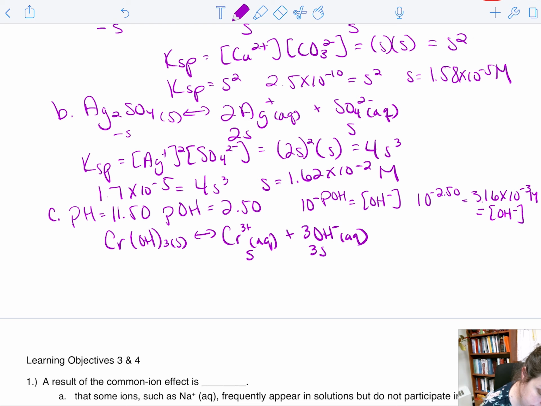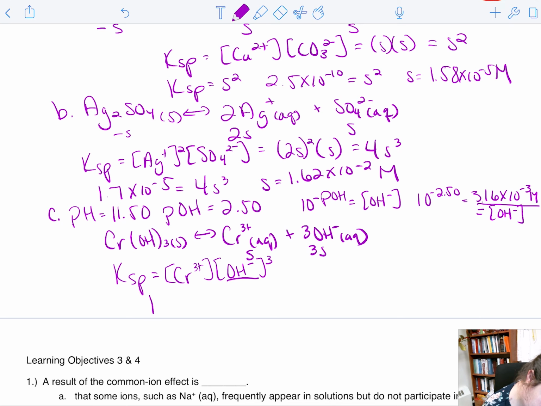Although we don't actually care about the 3S, as we have our hydroxide concentration already. So this would be Cr3 plus OH minus cubed. We have our hydroxide concentration that will go into here.